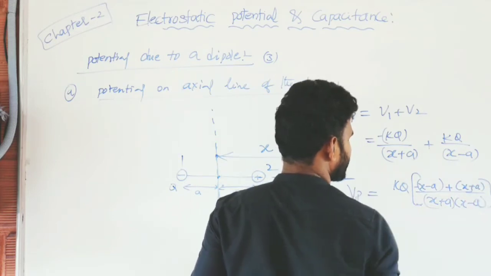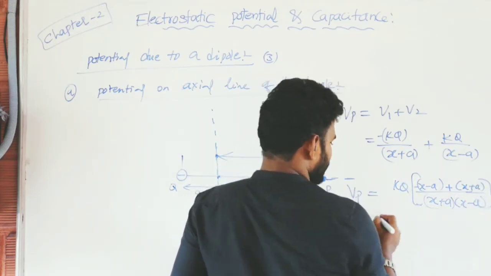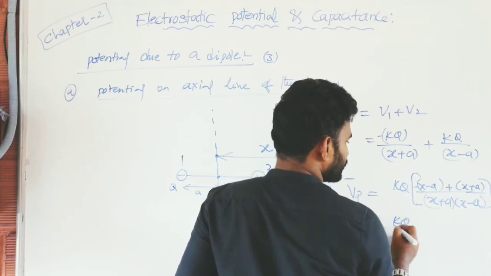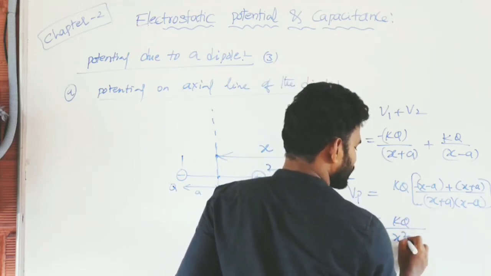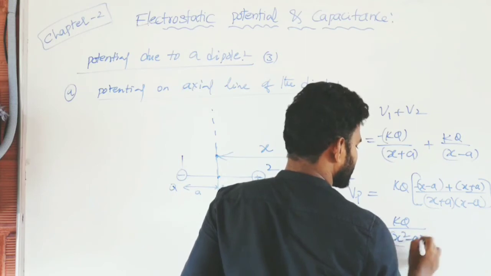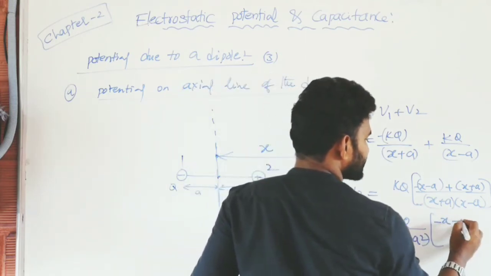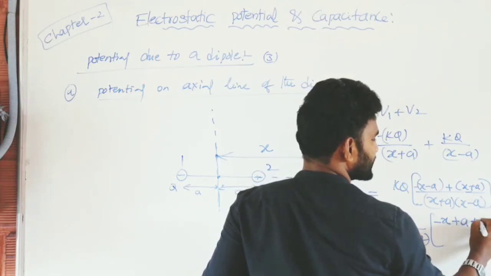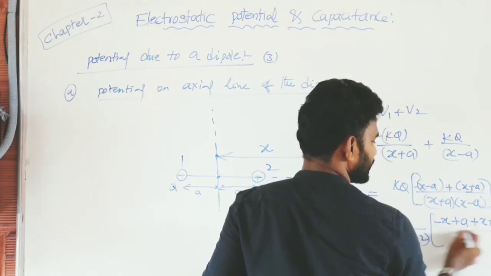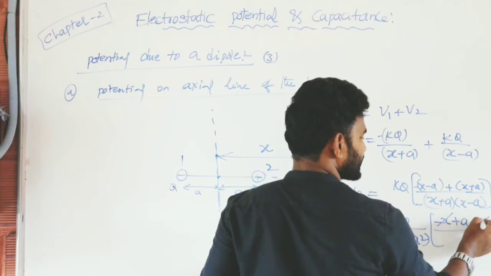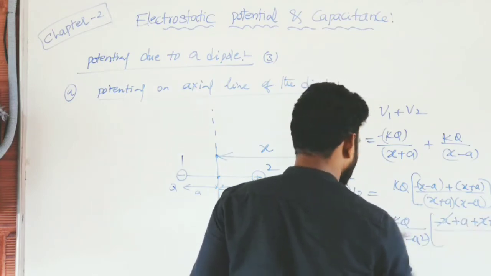In this way we need to understand. So now kQ is a common factor. kQ by x square minus a square into minus x plus a plus x plus a. x will be cancelled, and then we will be getting 2a.